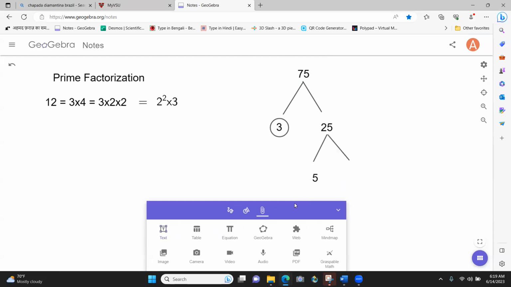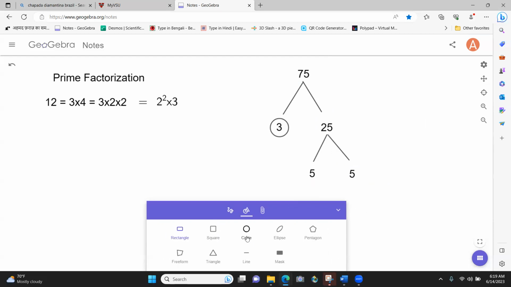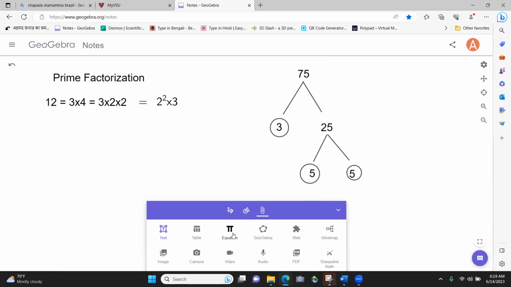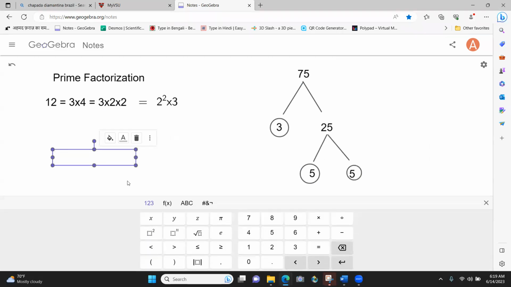I'm going to write 5 here, 5 here, and circle them. Now, finally, I'll write it properly like I have done over there on the left. So 75 is equal to 3 times 5 squared.